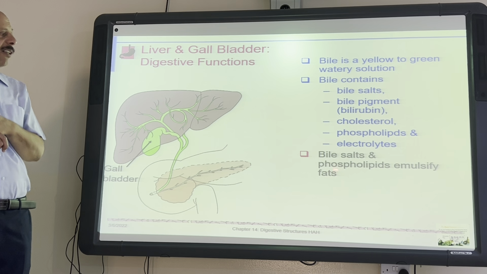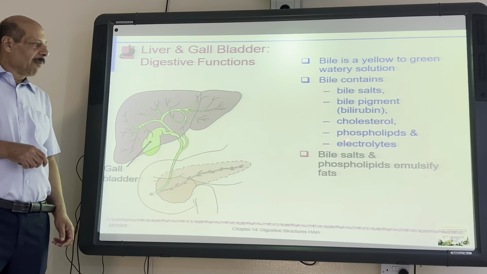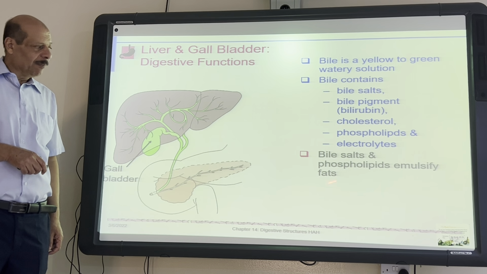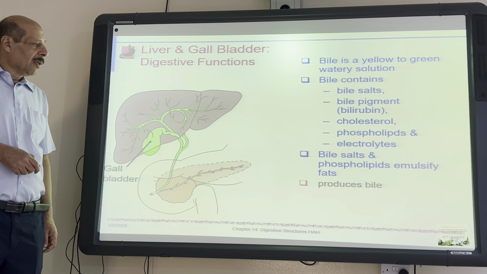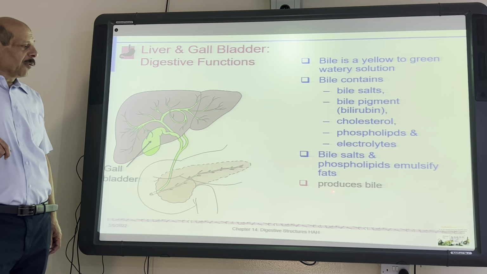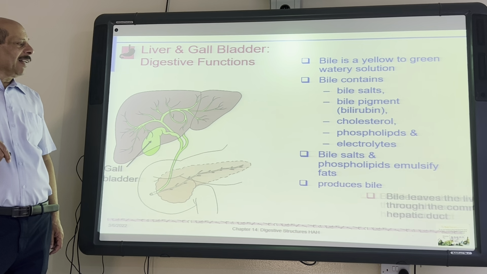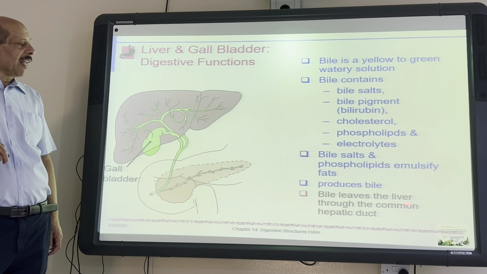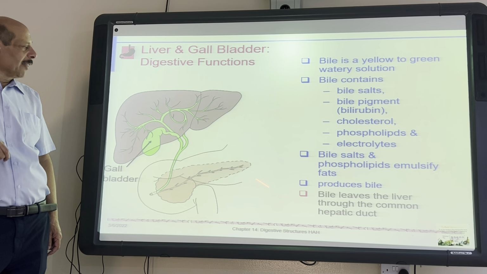So it will change it to soluble by emulsifying them. So the liver produces bile, and bile leaves the liver through the common hepatic duct, as we said. This is the common hepatic duct.